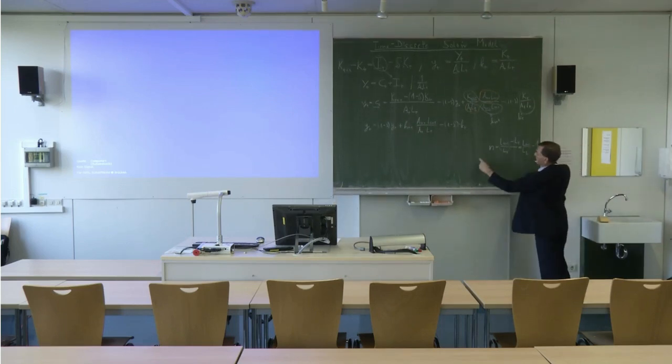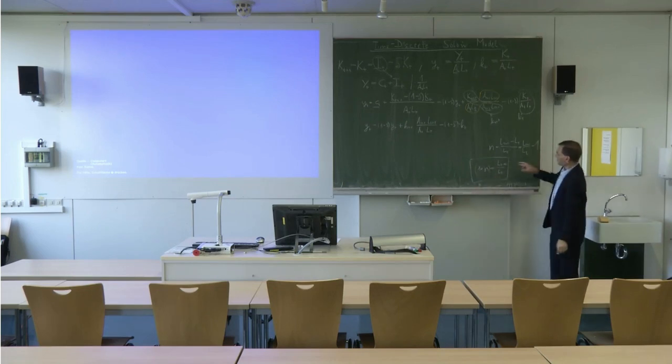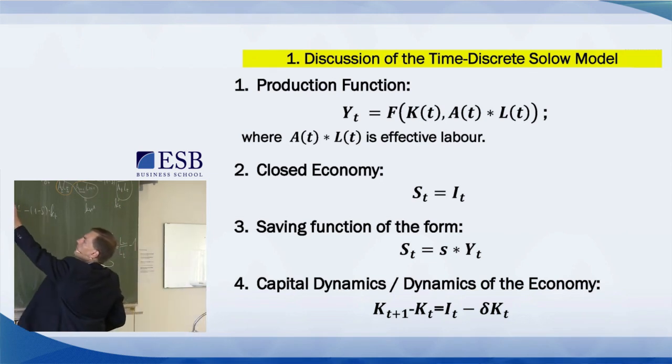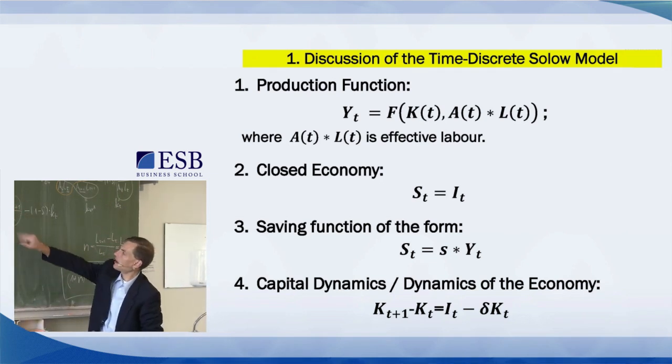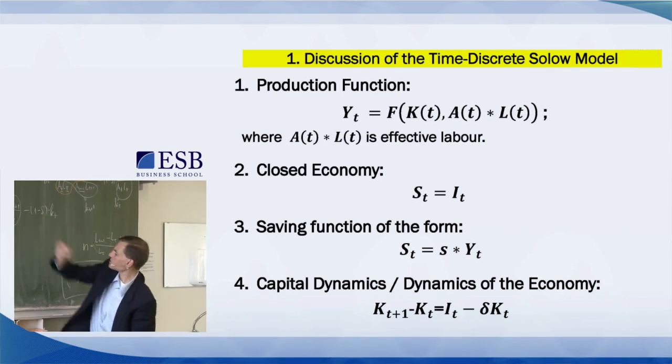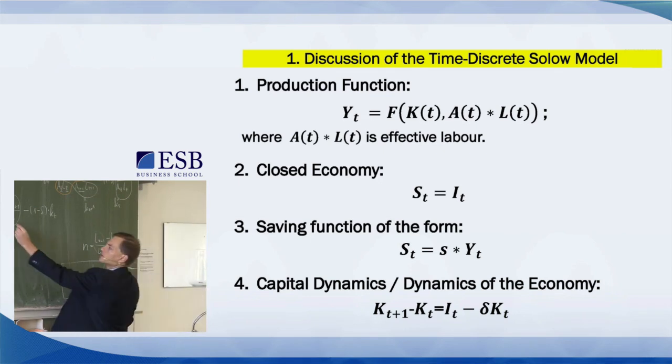If I bring the 1 to the other side, then 1 plus n is equal to this fraction, L t plus 1 divided by L t. So the fraction L t plus 1 divided by L t is nothing else than 1 plus the population growth rate. Take a look at what we have here: L t plus 1 divided by L t. That is the right-hand side. So this fraction is equal to 1 plus the population growth rate n.